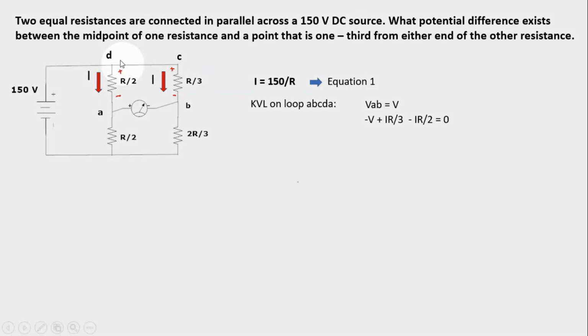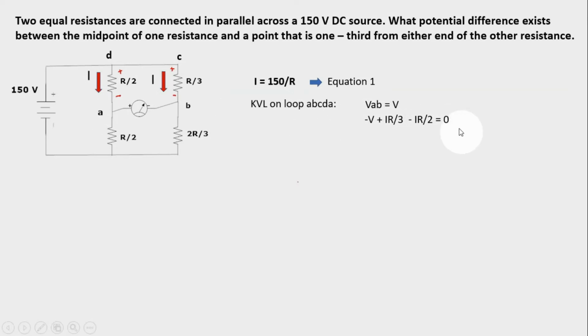So if you are to have the path B to C, this will be voltage rise. So I times the resistance, that will be IR over 3, voltage rise, so this is positive. But this one, the A, is voltage drop, so I times R over 2 is voltage drop, so that is negative, equals 0.